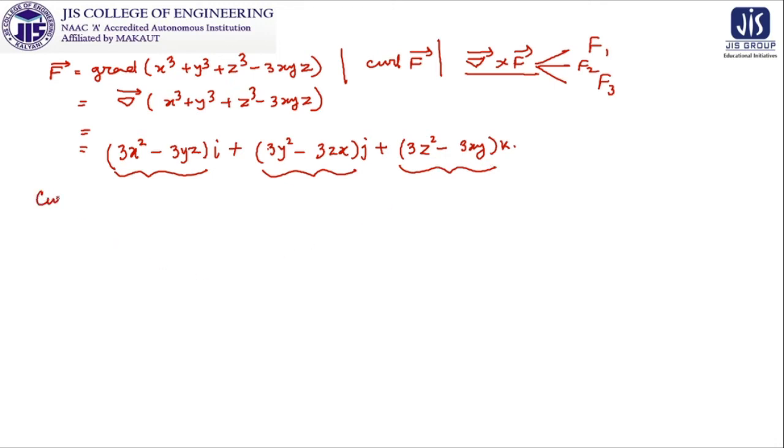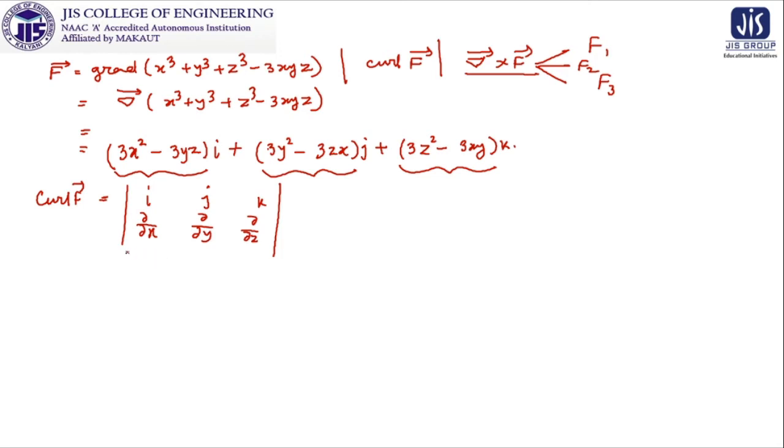So if I want to find curl f, and suppose I want to find it by the determinant process, then it will be i, j, k, then del x, del y, del z, and here it will be f1.